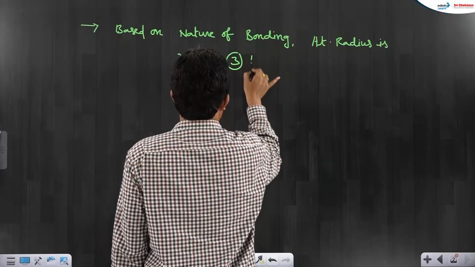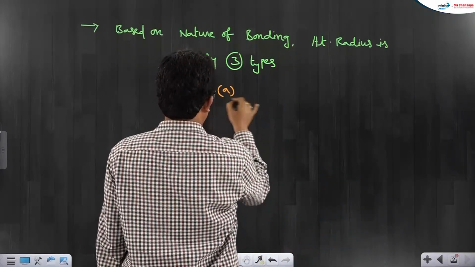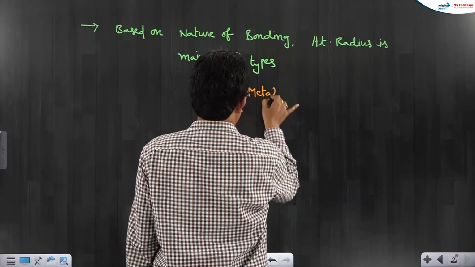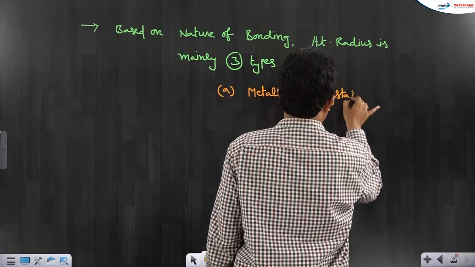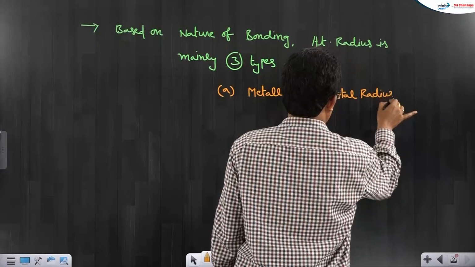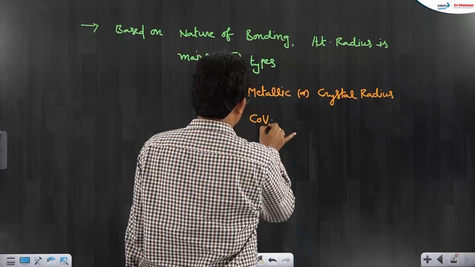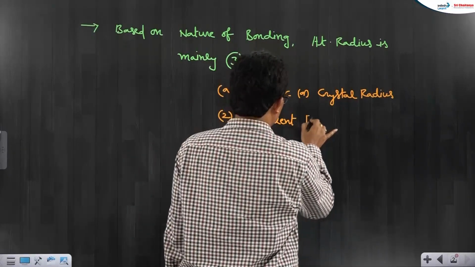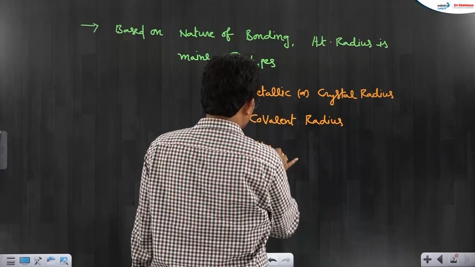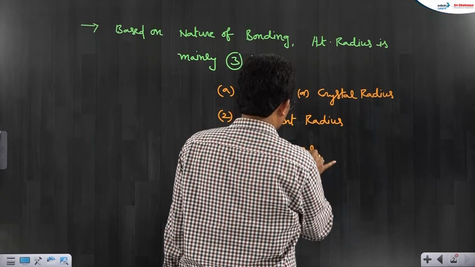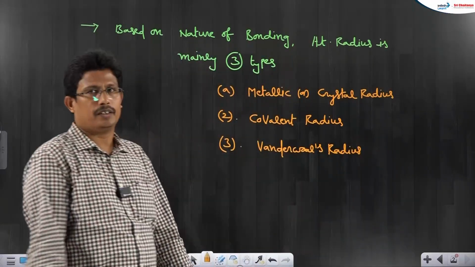First one, metallic or crystal radius. Second one, covalent radius. Third one, van der Waals radius.